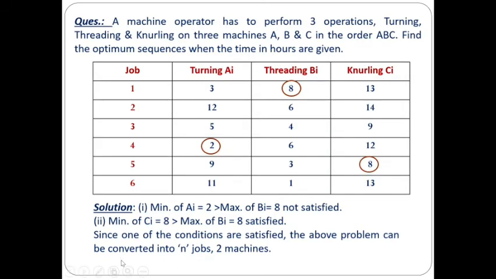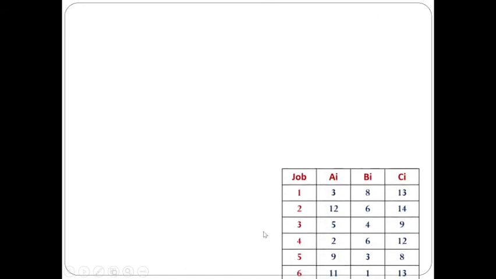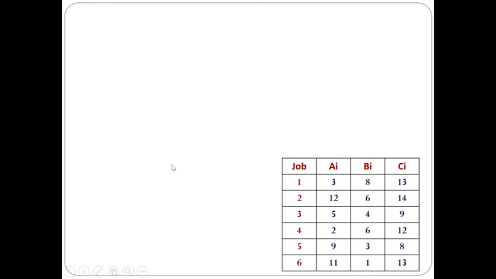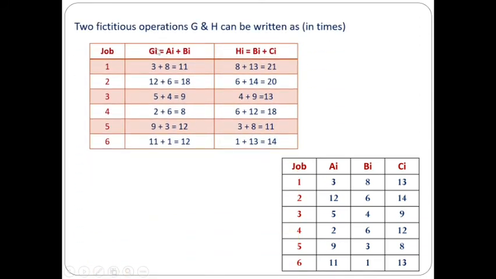To find the optimum sequence, first we have to convert the 3 machine problem into a 2 machine problem. So, this is the given problem. First we have to find the G machine's processing time and the H machine's processing time.